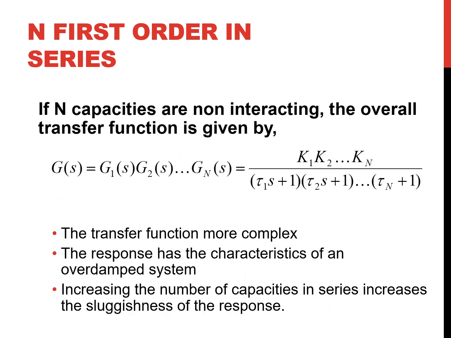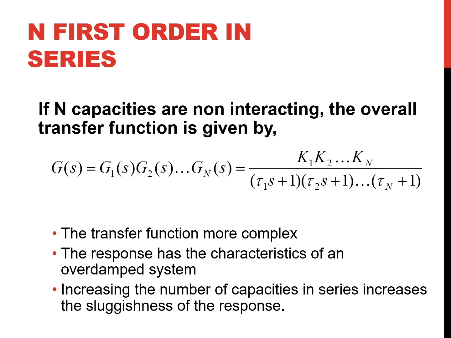So this is the formula to obtain the overall transfer function based on the non-interacting tanks, where you have to multiply the transfer function for each available tank. Let's say if you have 3 tanks, that means you multiply the transfer function for tank number 1 with tank number 2 and tank number 3.